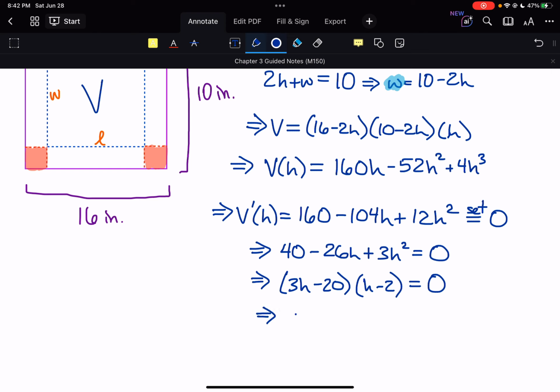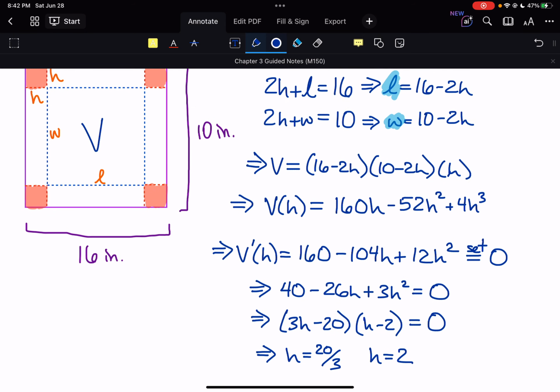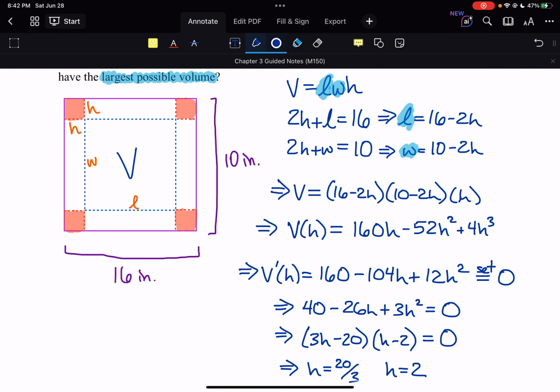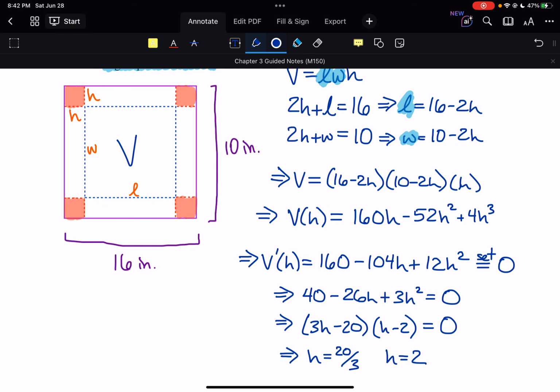So we're going to get two values. This one, you add the 20, divide the 3. We get h is 20 over 3. This one gives us h equals 2. But if we're trying to decide which of the values it should be, there's an important thing to take note of.